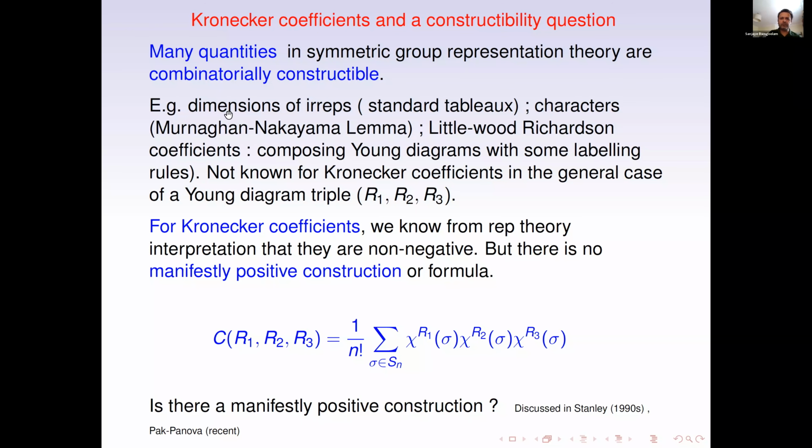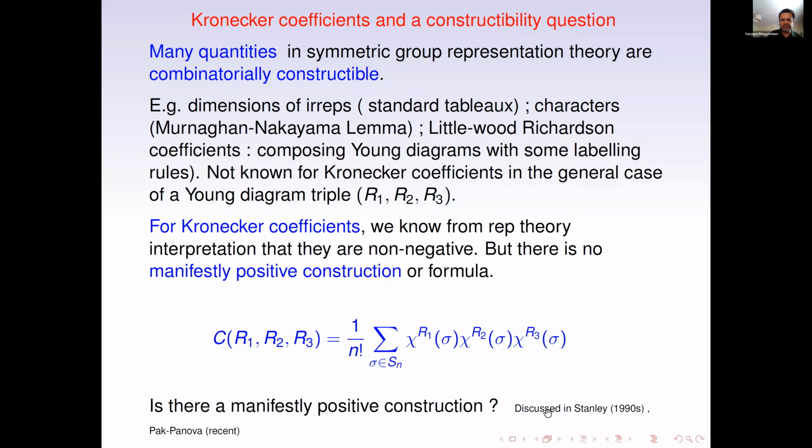For Kronecker coefficients, no such rule is known for general Young diagram triples. Of course, we know what that number is in terms of representation theory, and there are character formulae, but any known formula involves positive and negative numbers, which add up in some complicated way to produce this non-negative number. So you would like to know: is there some kind of constructive object analogous to the Littlewood-Richardson rule, where you count something according to some rules, and the answer is the Kronecker coefficient?